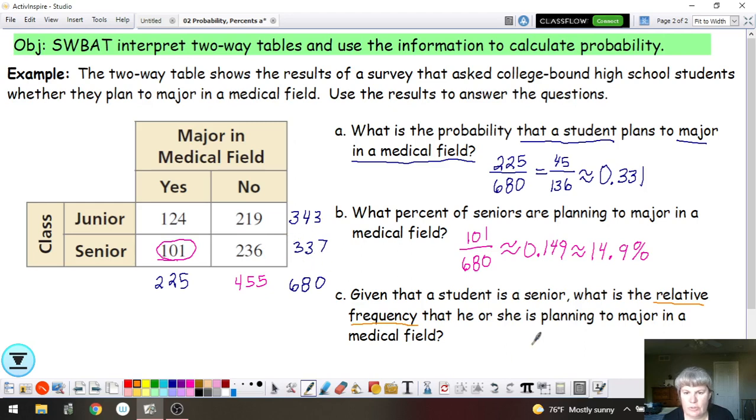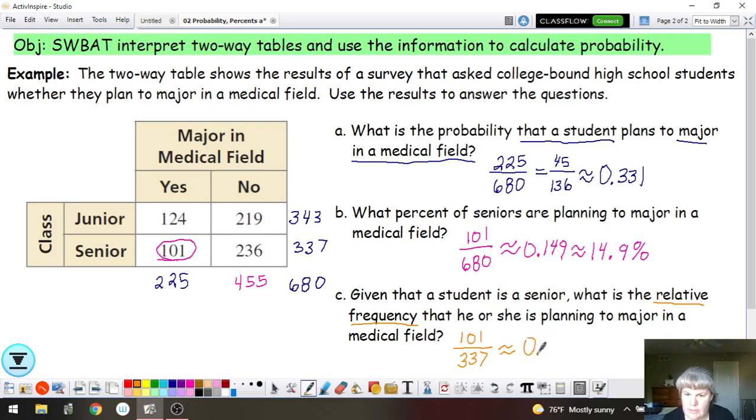That's 337. And there's 101 of them planning to major in a medical field. We can convert this to a decimal.